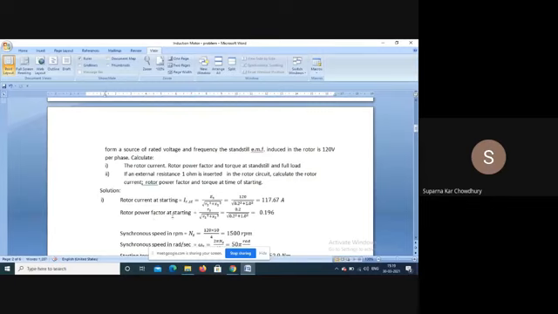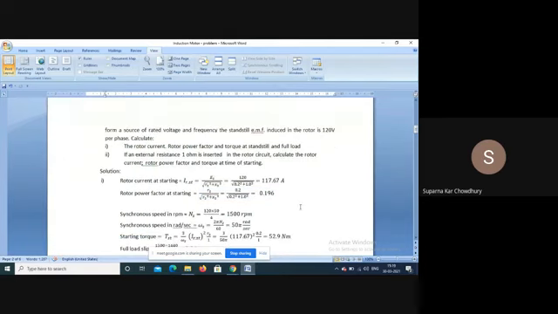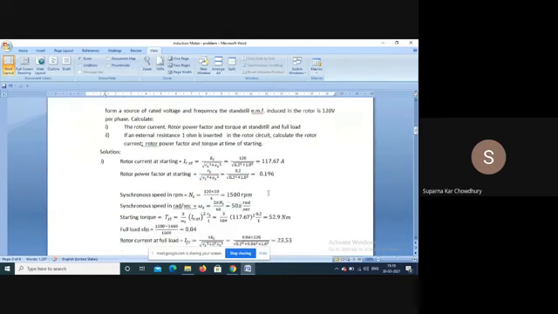Now, the rotor power factor at starting: the rotor circuit is a short circuited circuit, so it is resistance divided by the total impedance. So R2 by the square root of R2 square plus X2 square. So putting the values, we get the power factor as 0.196. Now the synchronous speed for a 50 Hz 4-pole machine is 1500 RPM, and expressed in omega s, that is radian per second, that will be 157.